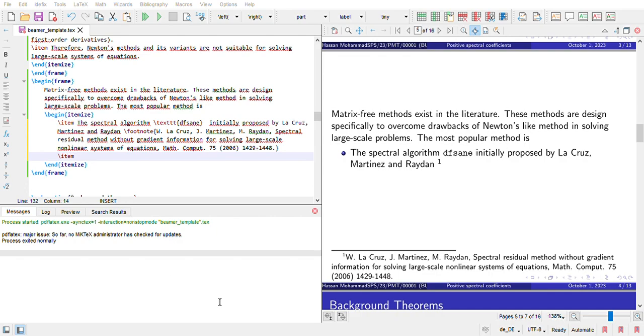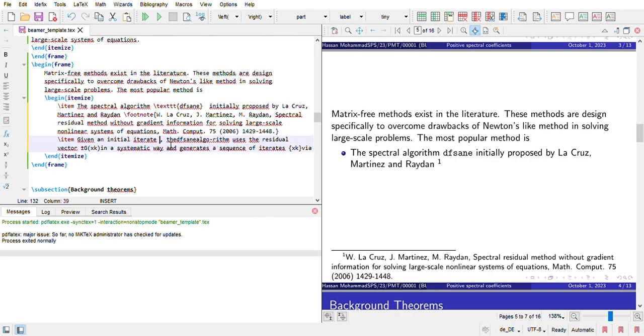Given an initial iterate, maybe x naught, the DF-Sane algorithm. So I'll just copy this text and put it here instead of typing it again. The DF-Sane algorithm uses the residual vector.